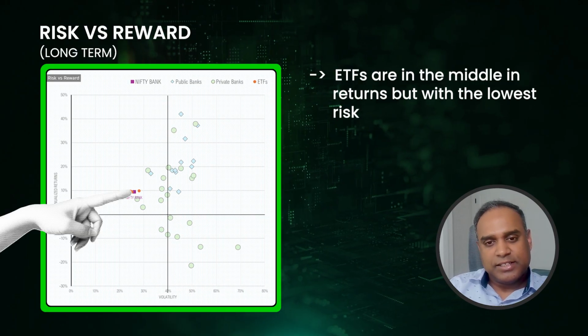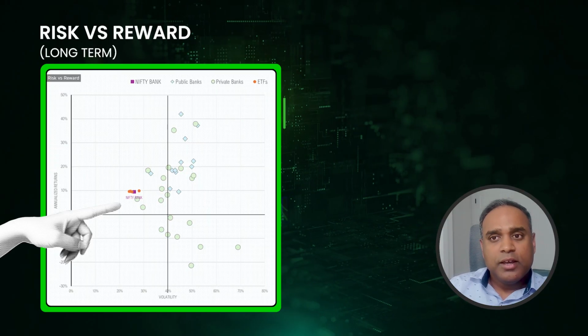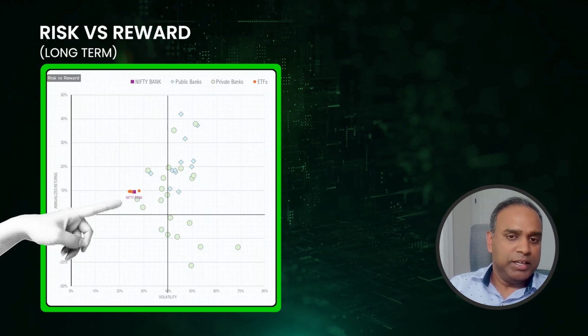What that means is that the fund managers who are taking the funds in the ETFs and allocating them to the different banks, 12 banks, are staying very close to the overall Nifty Bank Index performance, which is good because that's what the ETFs are supposed to do. And they are actually the least risk of all these investments that we see, which is very good from a risk mitigation perspective.